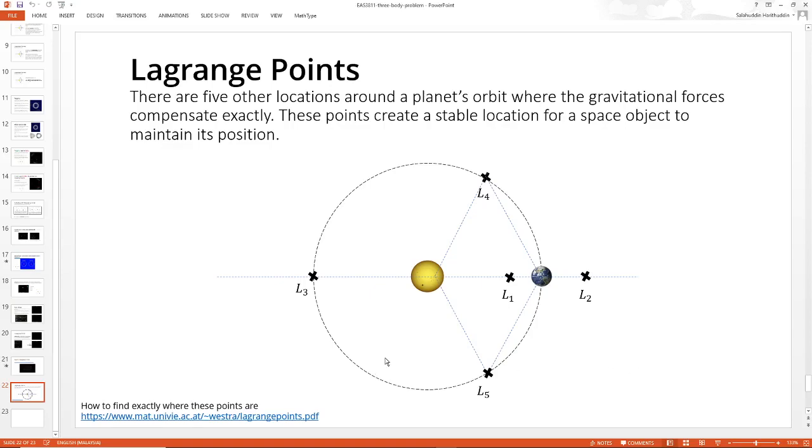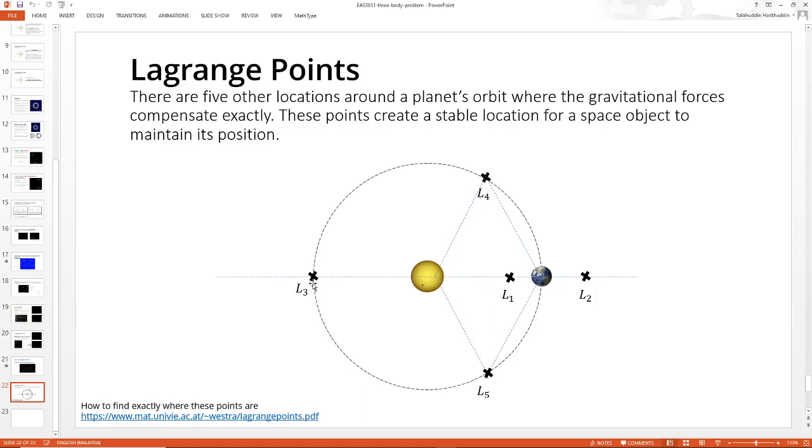What I've shown you here is that when you simplify a three-body problem into the circular restricted three-body problem, you will find interesting things. That's what engineers do. When they have too complex a problem, they simplify it. And when they do this analysis, they found that there are 5 Lagrange points.